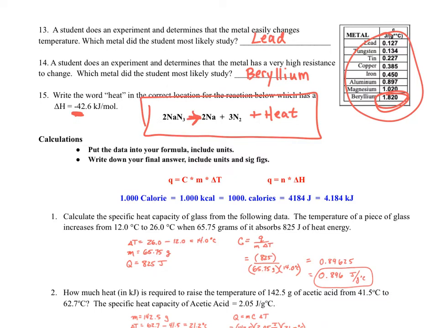Now if delta H happened to be positive, then we would put heat on the left side of the arrow, with all the other stuff in there as well. So it's your reactants plus heat when it's endothermic, and for that kind of reaction, delta H is positive.